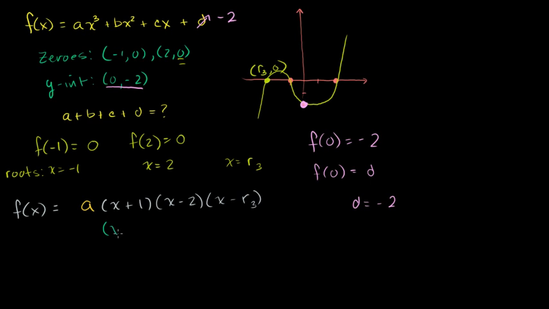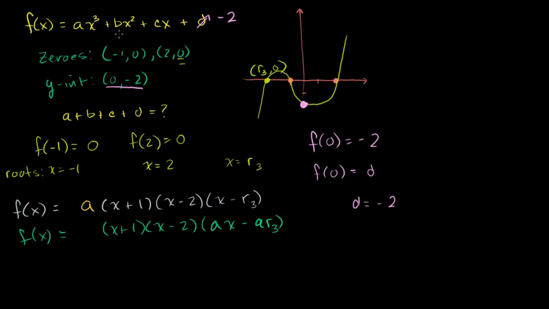So this is the same thing as (x + 1) times (x - 2) times (ax - a r3). This is the exact same thing as what f of x is equal to up there.